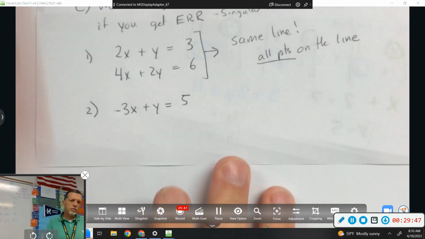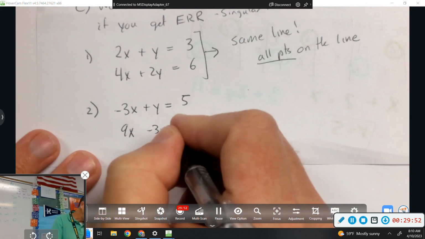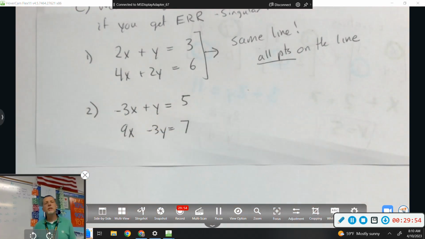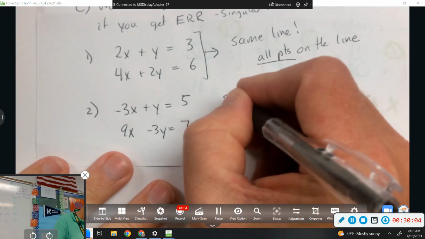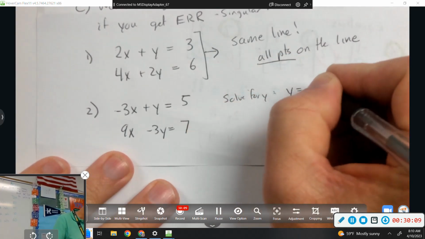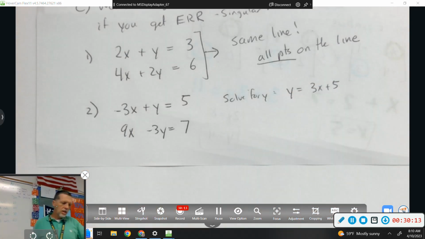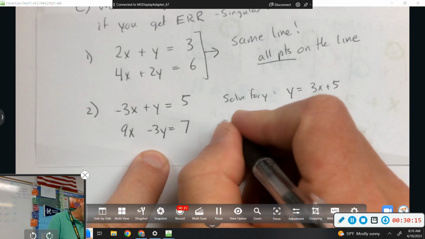Negative 3x plus y equals 5. 9x minus 3y equals 7. So those aren't multiples of each other. But if you solve for y, y equals 3x plus 5 for that first one. Solve for y on the second one.